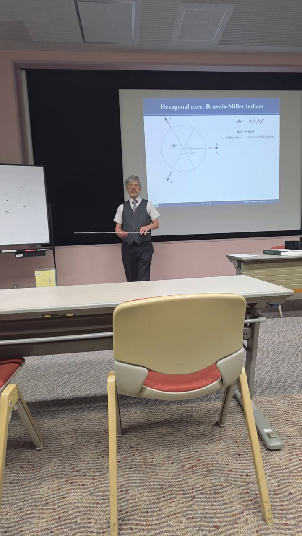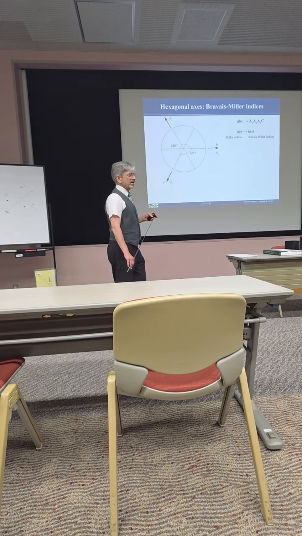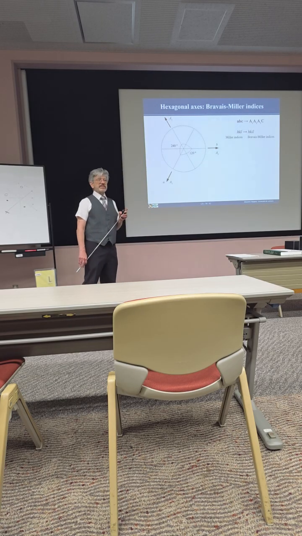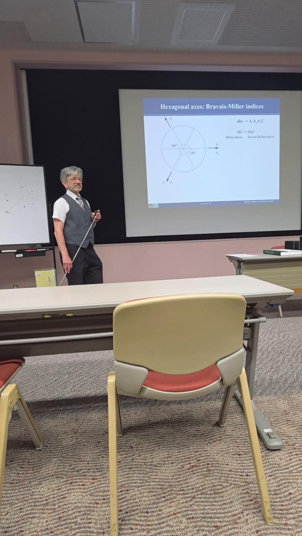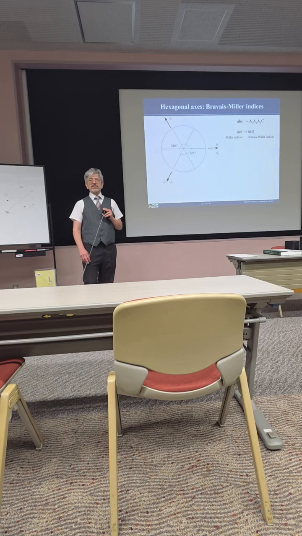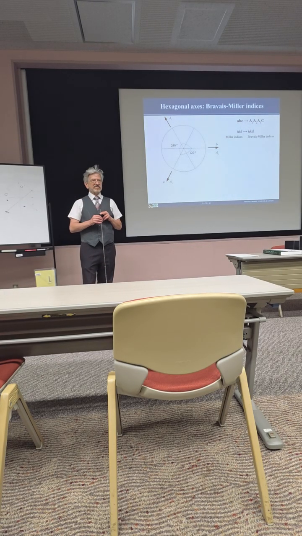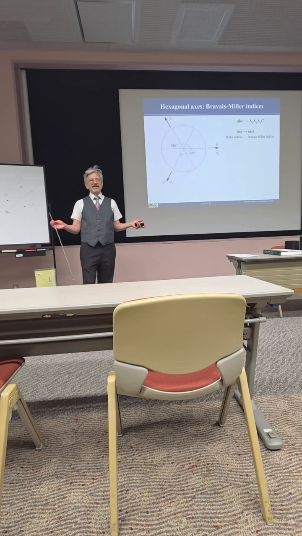What is the linear combination of A1 and A2 that gives you A3? How can you express A3 as a linear combination of A1 and A2? Sum of vectors.